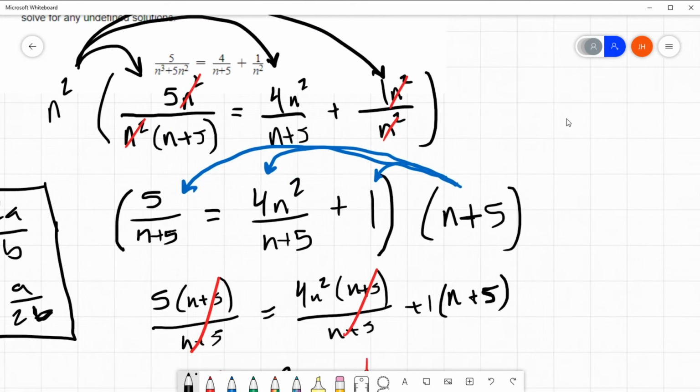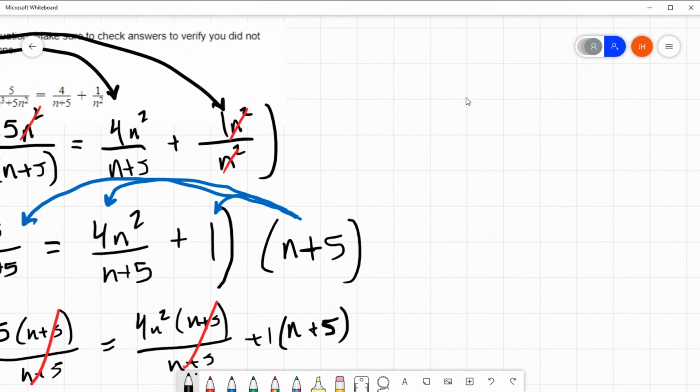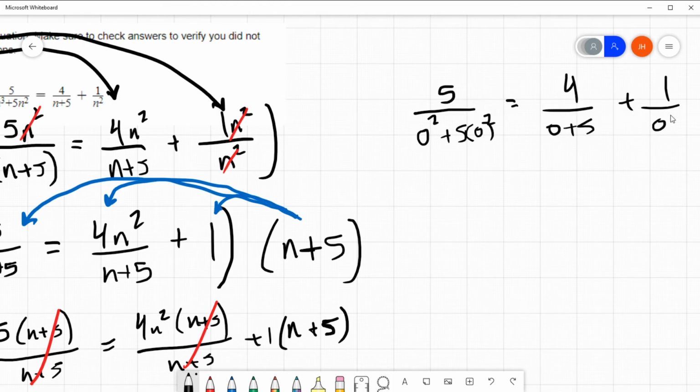Yes. So if I take my original equation and plug 0 in, so 0 cubed plus 5 times 0 squared equals 4 over 0 plus 5 plus 1 over 0 squared, I end up getting division by 0 when I plug in n equals 0.